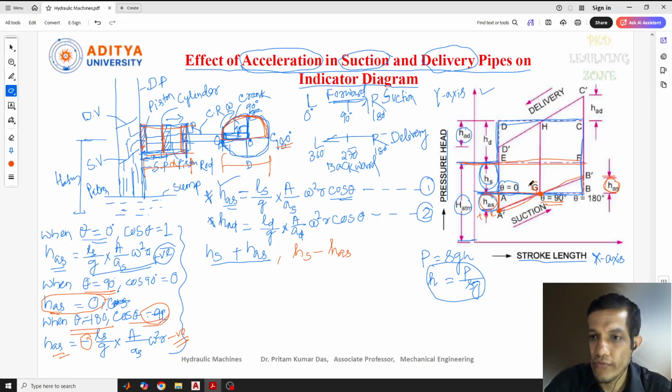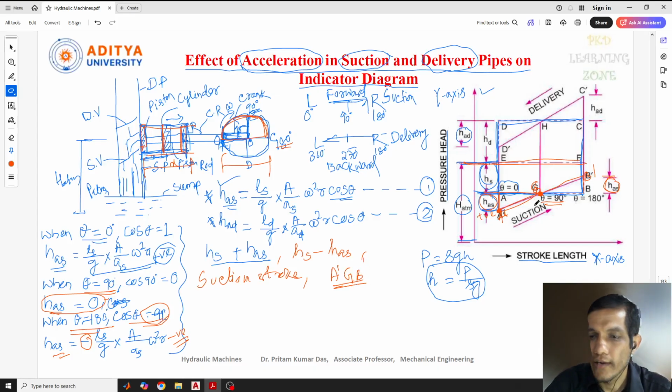So for the suction stroke, the indicator diagram will be shown here: A dash point, G point, and the B dash point. So for the suction stroke, the indicator diagram is A dash, G, B dash.